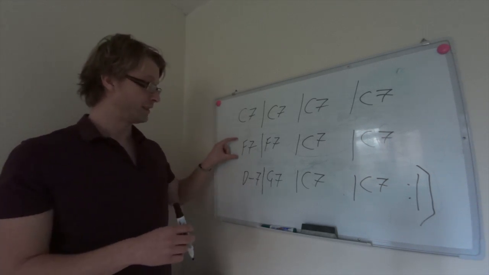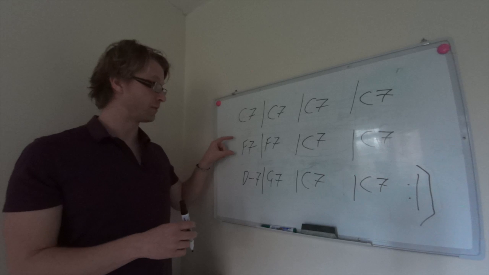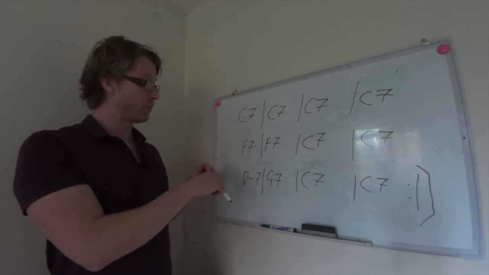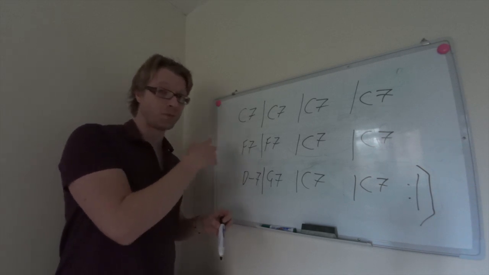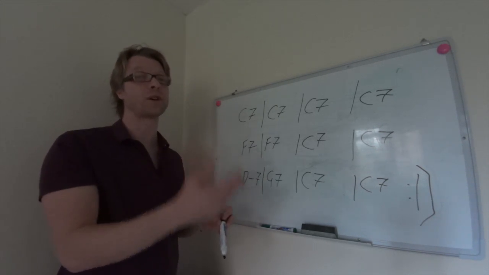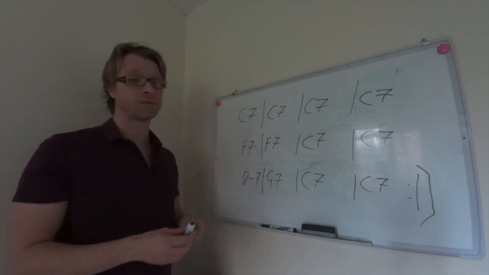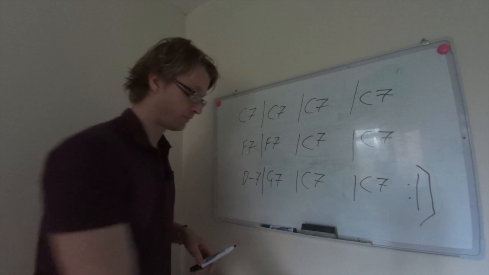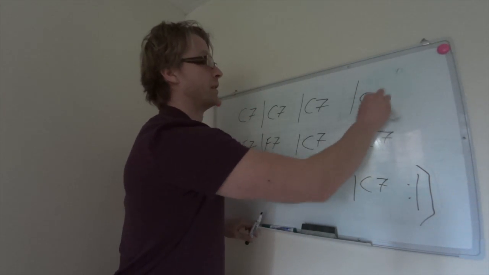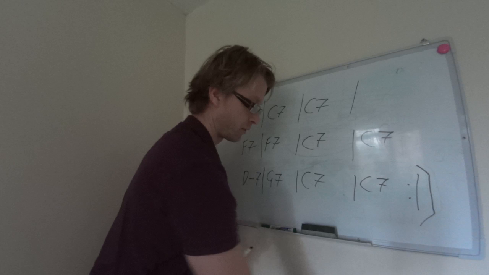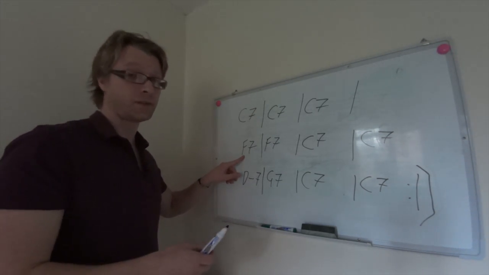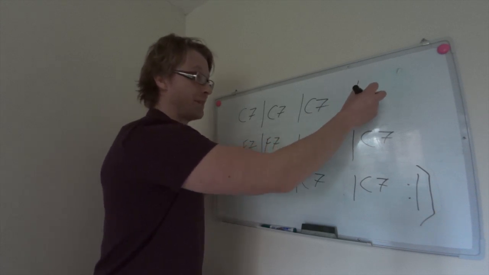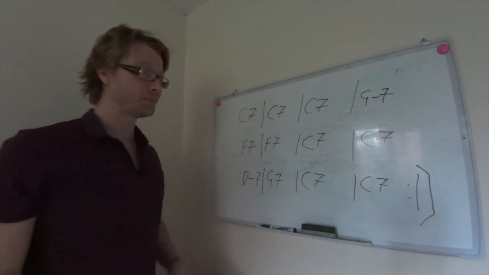Okay, so now we have to think of this chord as being chord number 4 because we're in the key of C. C, D, E, F, it's 4. But we're going to also think about it as chord number 1, our new target chord. So we're going to preempt it with a 2 and a 5. And what we do is in this bar here, instead of a C7 chord, we're going to have chord 2 of F, which is, have a little think, hopefully you get the right answer, G minor 7.